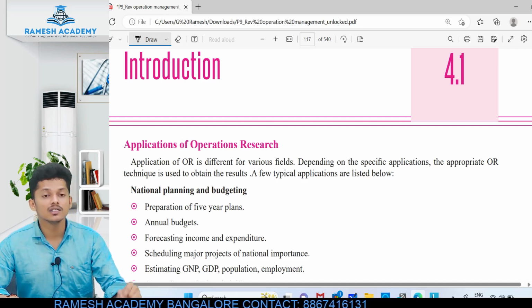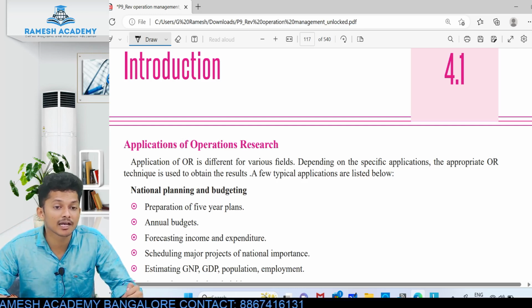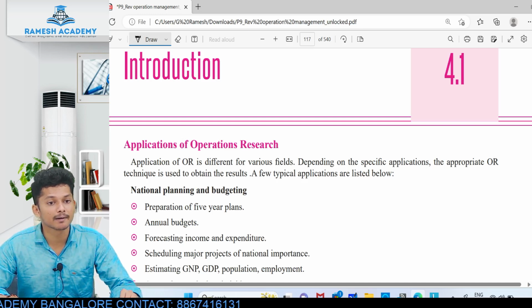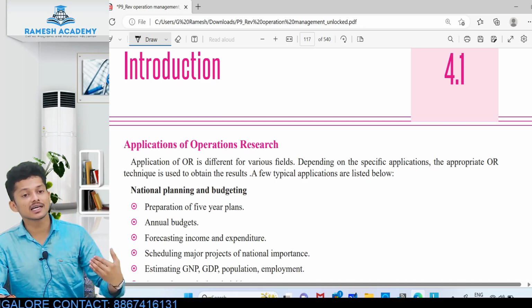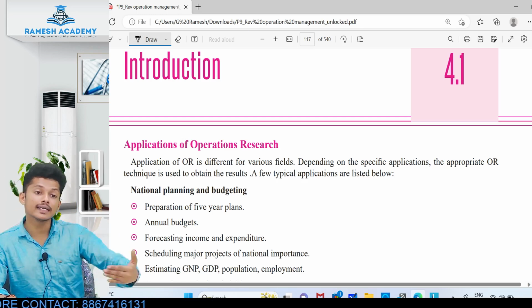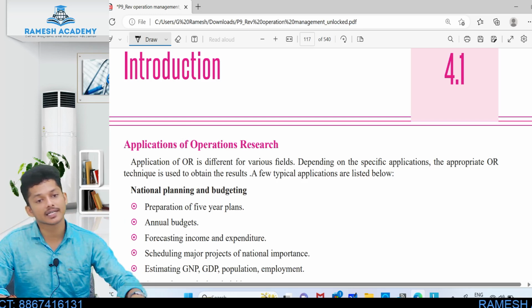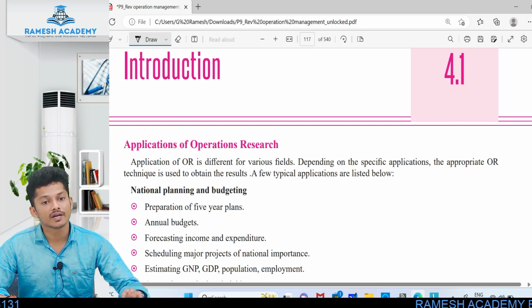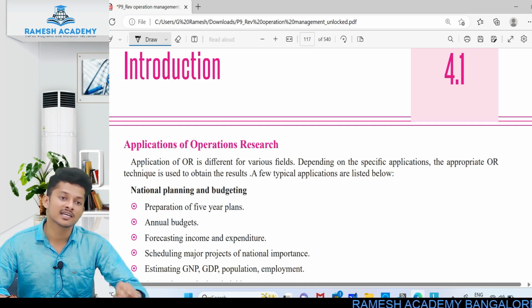This particular topic tells in which areas operations research is implemented and where it applies properly. This is just a general note, so you can even read it on your own. It is not something that must always be attested and taken care of. I will read the points for you and highlight the important ones, but this is a general topic.